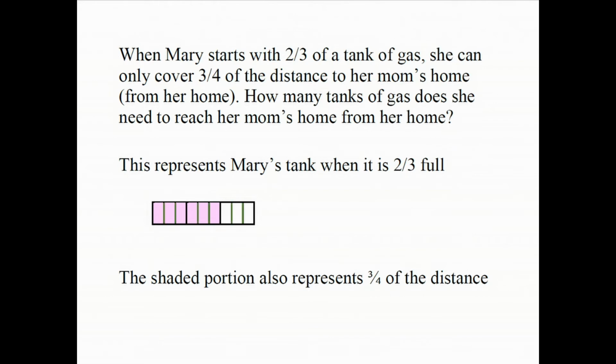So all I did here is I took my original pink rectangles, and I split them further into 3 pieces. So the entire tank had 3 rectangles, 2 of them were shaded pink. I took the entire tank, and each of the 3 parts of the entire tank has been cut into 3 equal parts.